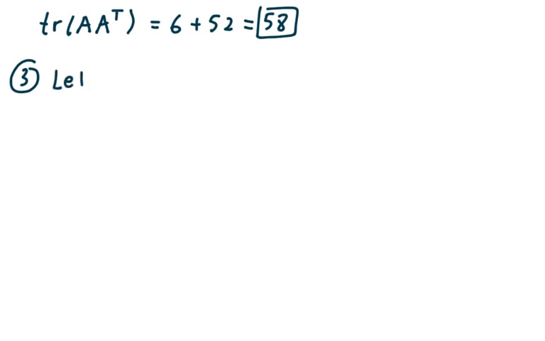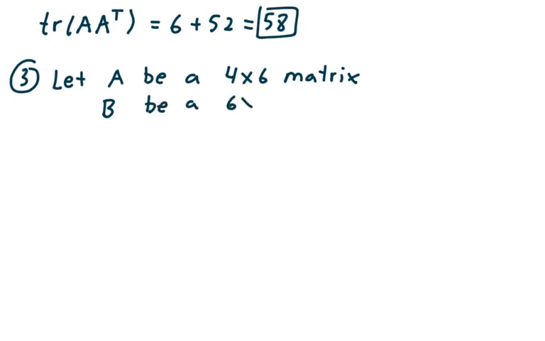So let A be a 4 by 6 matrix. B be a 6 by 4 matrix. And then C be a 5 by 4 matrix.